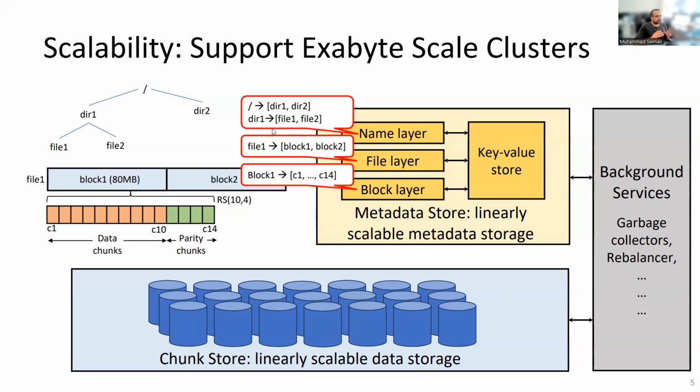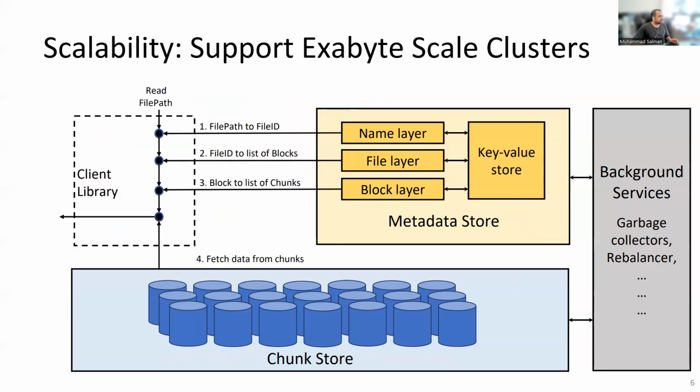So let's go deeper into this and see how it works for reading and writing operations. Let's assume that someone wants to perform the read operation. To read the file from this storage location, they first locate the files in a particular path. There are multiple directories, so the name layer will give that particular directory, and inside the directory a particular file. And inside that file, it is going to track which blocks are in that file.